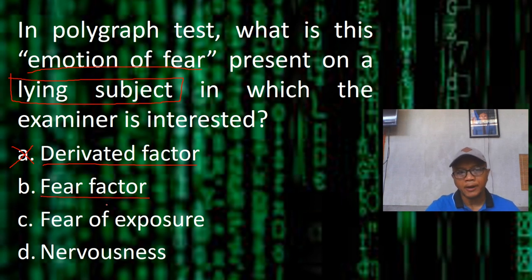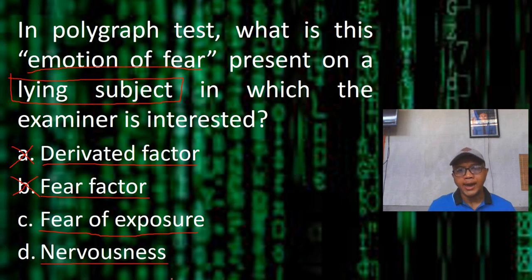The term also is not found in the subject, and is therefore wrong. Well, there is a TV series, but not in the polygraph subject. So we have letter C, fear of exposure, and letter D, nervousness. These are terms being used in polygraph. So we have two candidate answers, C and D.